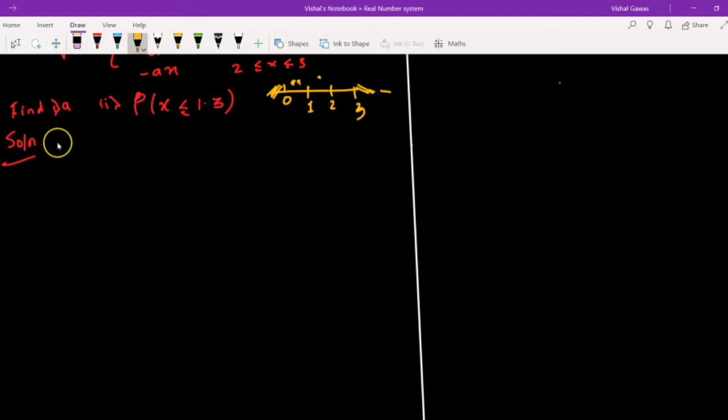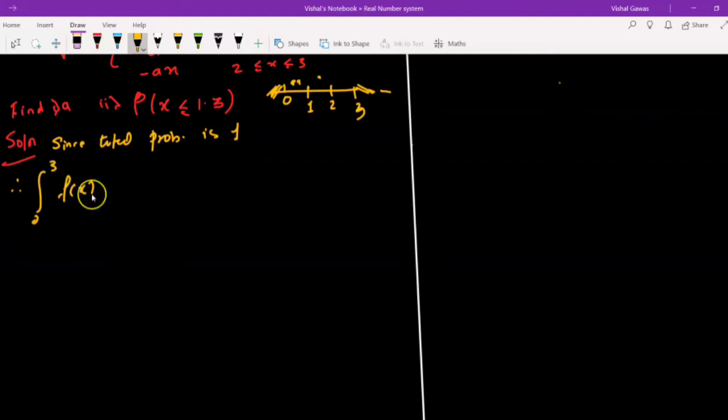So what do we have? Since total probability is 1, that means the area under the probability curve, which we have already seen is 1. So the integral from minus infinity to infinity of f of x is 1, but that would be restricted to 0 to 3, because for x bigger than 3 the function is 0, and less than 0 it's also 0.